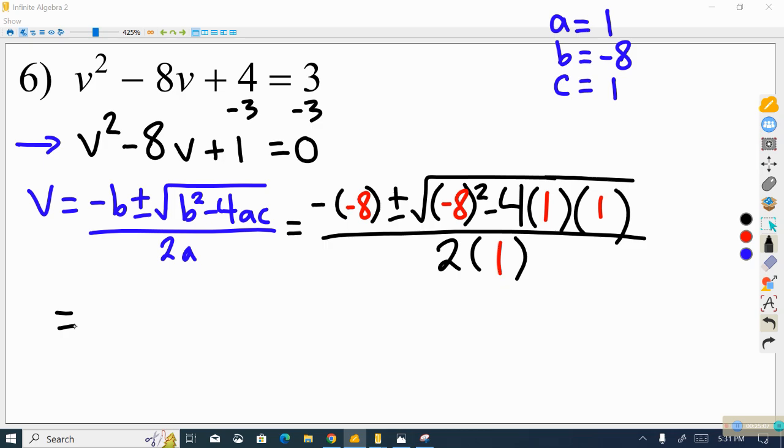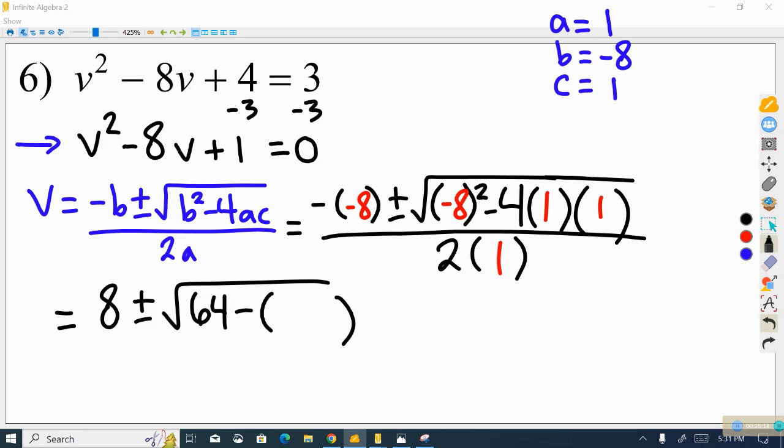Negative 8 is positive 8, and then we have plus or minus the square root of negative 8 squared, which is positive 64. And then we put minus, and we put one big blank parentheses there, right? So 4 times 1 gives us 4. So that's what's going to go into this location right here. It's just positive 4. 2 times 1 is 2.